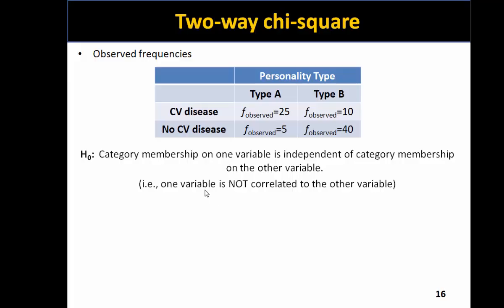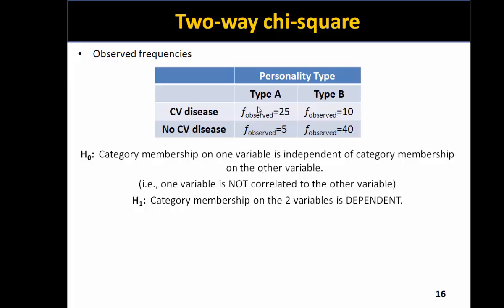What we're essentially stating with the null hypothesis is that one variable is not correlated to the other variable. The alternative hypothesis states that category membership on the two variables is dependent, which is to say that a person who is typed as type A is likely to possess cardiovascular disease systematically rather than due to random chance.